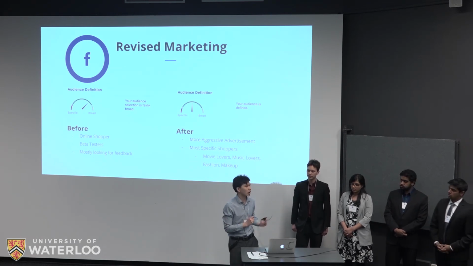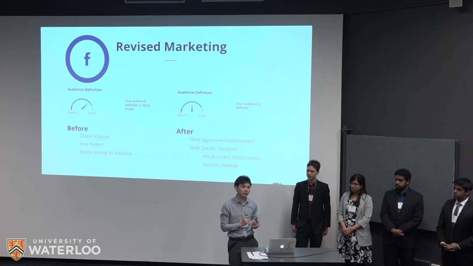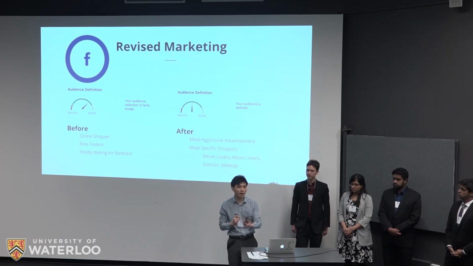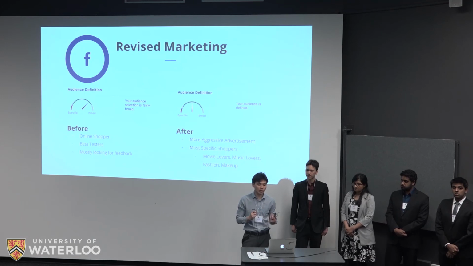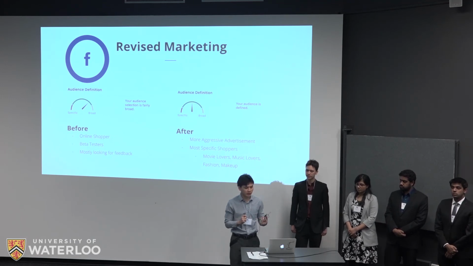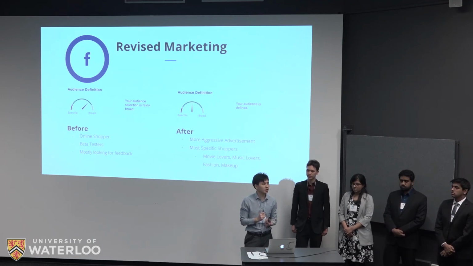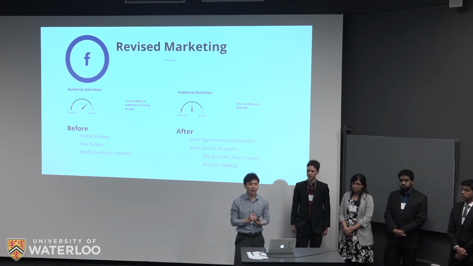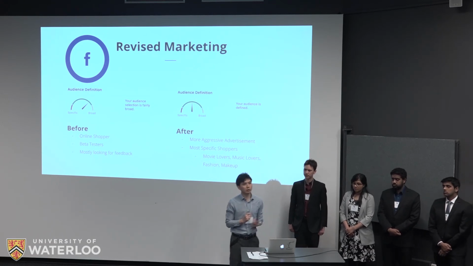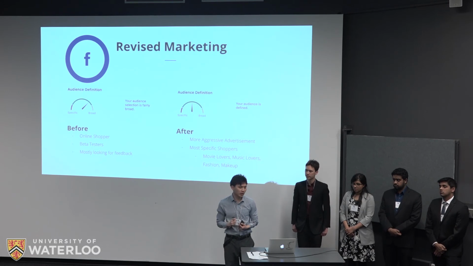From the first launch, we got more specific information about exactly what our targeted audience was. So instead of just online shoppers, we narrowed it down to specific people who love movies, who might be shopping for a concert ticket, people who are interested in fashion, who might be interested in shopping for makeup.